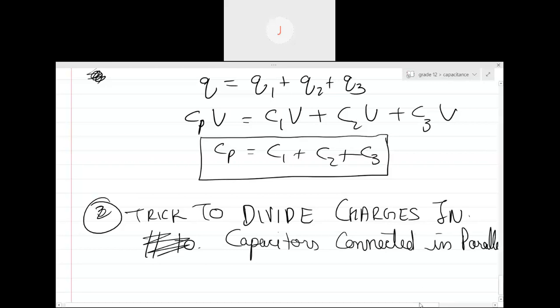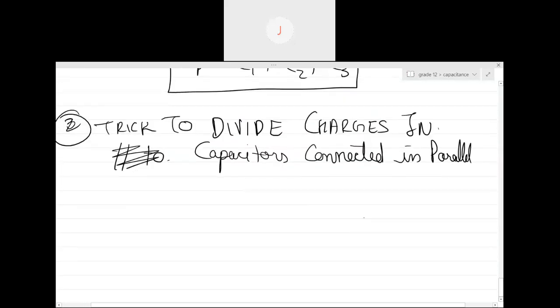I'll give you a trick by which you'll divide the charge, and it's not applied only for two. It can be applied for three or four or whatever it is. So suppose there are three capacitors over here.